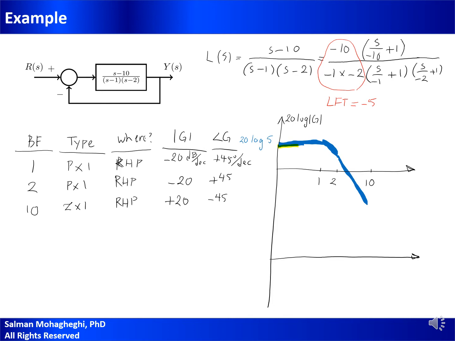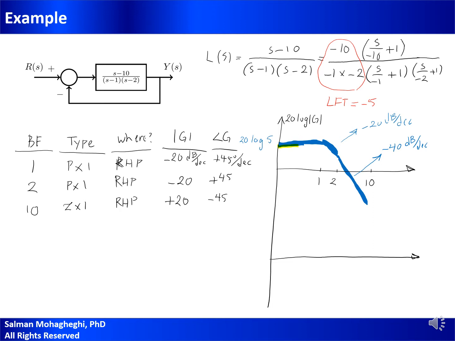So let's say this becomes a little bit steeper. So this would be minus 20 dB per decade. This would be minus 40 dB per decade. And then when I get to 10, which will be a 0, it will add a positive 20 dB per decade.